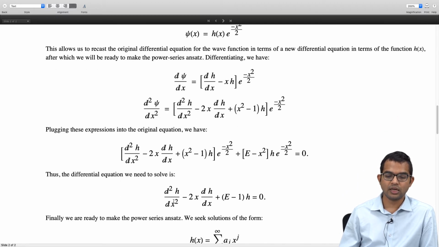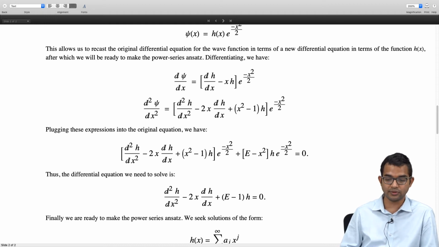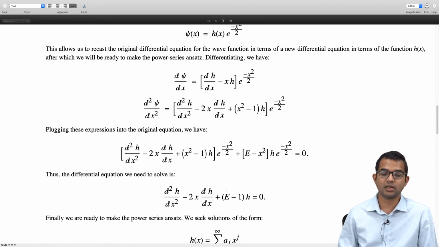So you get a simplified differential equation in h, which is also a second order differential equation. So we have d squared h by dx squared minus 2x dh/dx plus (e minus 1) times h equals 0. This x squared will cancel with this minus x squared, and you're just left with (e minus 1) times h equal to 0.